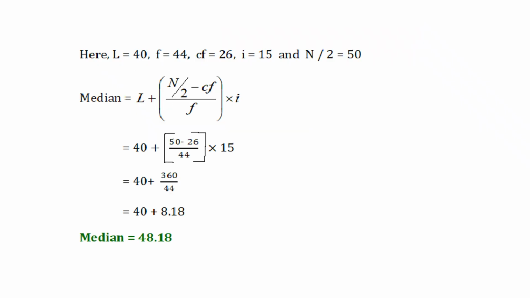So now we know all the data: L, the lower limit of the median class interval, is 40, f is the frequency of the median class, that is 44, CF is 26, and l denotes the length of the interval. Here the length of the median class interval is 15, and the n by 2 value is 50.